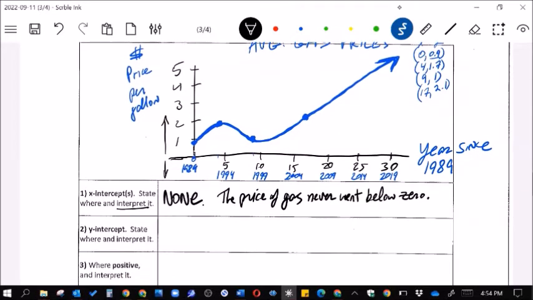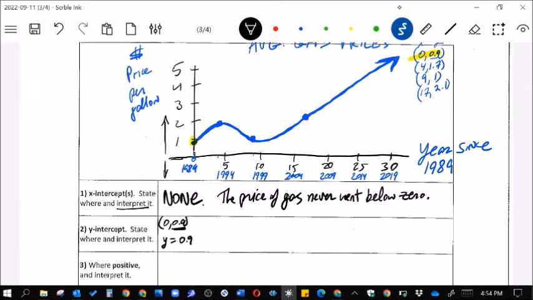The y-intercept, although I still like that, but we'll leave it for now. The y-intercept is the place where it's hitting the y-axis, and that's at 0.9. So the point is (0, 0.9), but the y-intercept is the y itself, so y is equal to 0.9. Now, what does this mean?